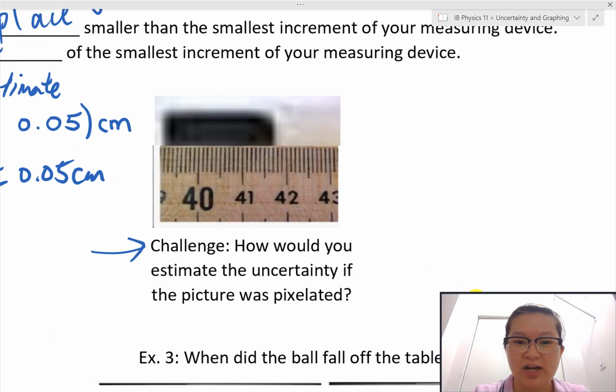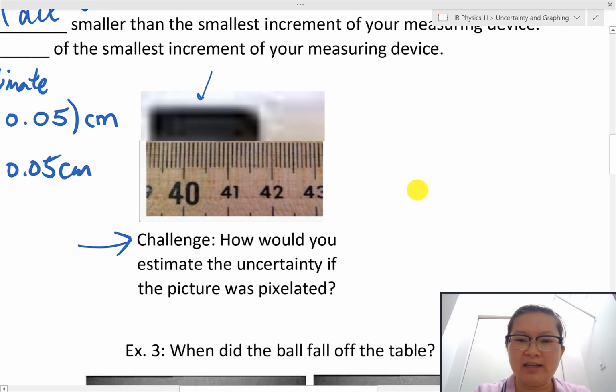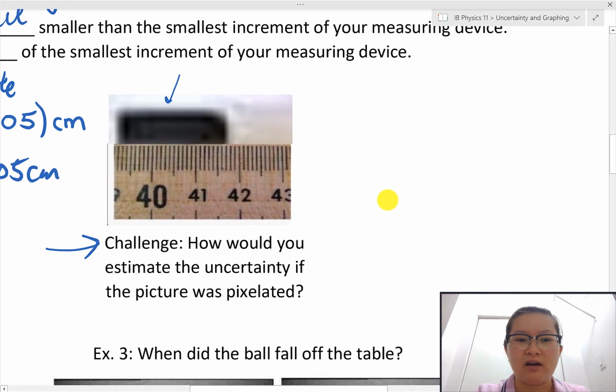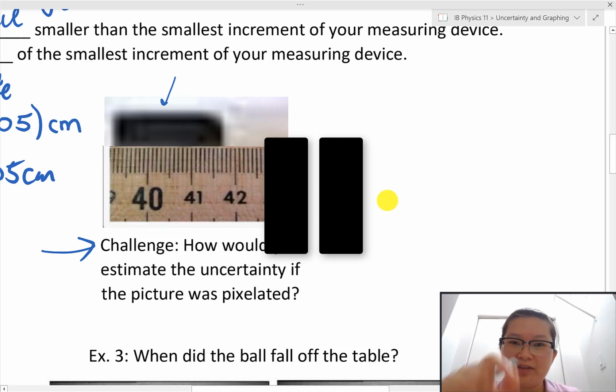So here we have a challenge, and this is kind of a one-off challenge. Here I made this picture at the top pixelated, not the ruler. But then what would you do if you have a pixelated image? How would you estimate your reading here? I'm going to give you a chance to pause the video, think about it, and come up with an answer.